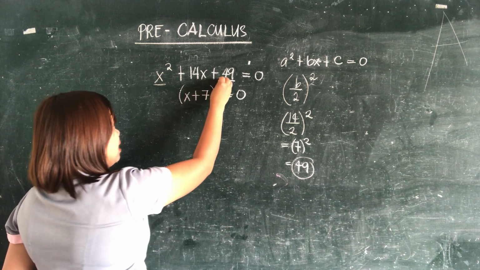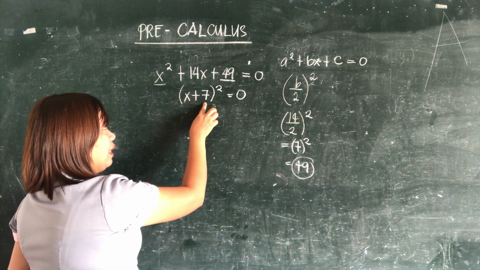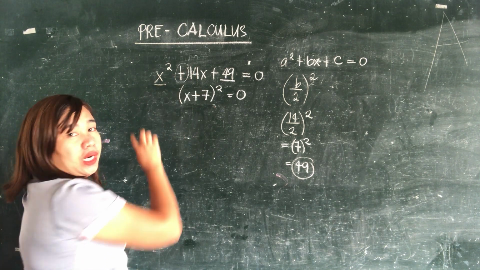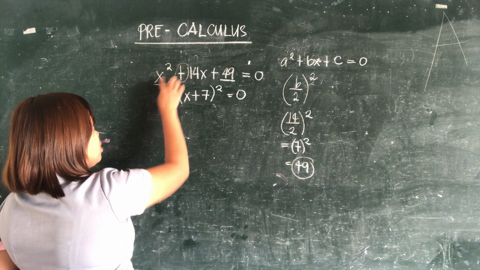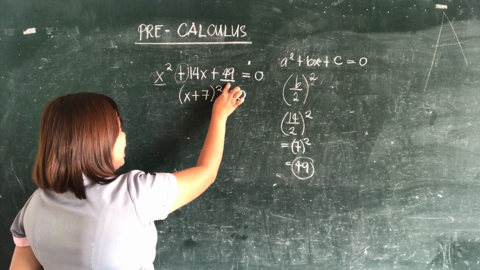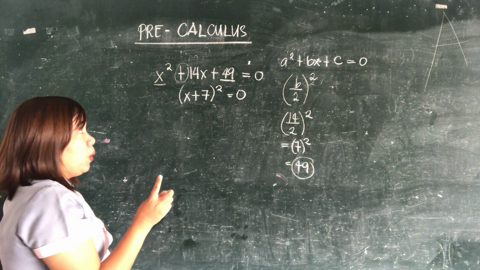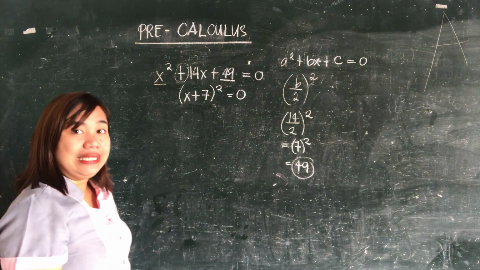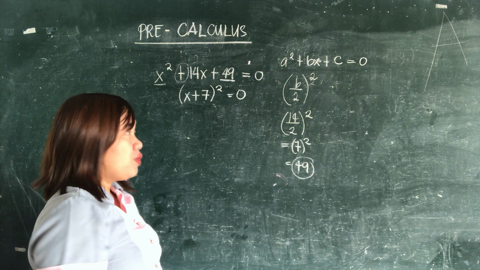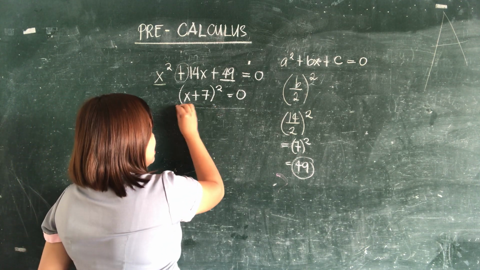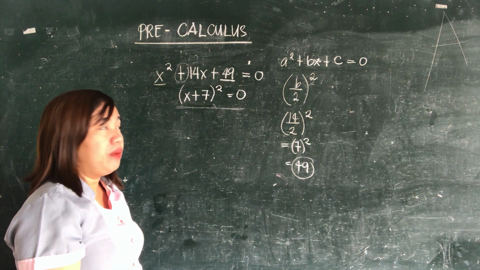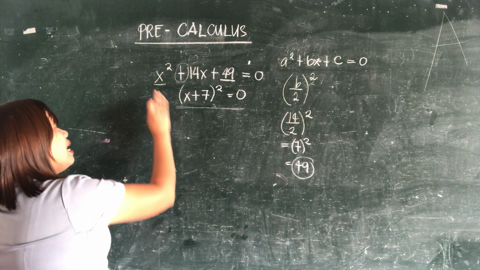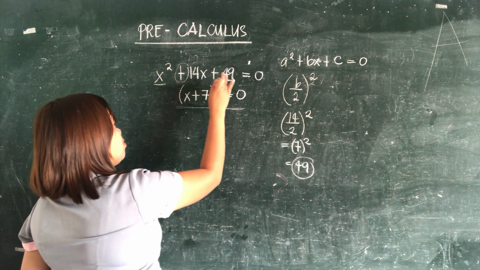And then, get the square root of 49, that is 7. Just copy the sign dito sa second part. So again, square root of x squared, x. Square root of 49, 7. Or, yung half ng 14, yun yung nandito sa gitna. Understood? So, that is how to write that as a square of binomial. x plus 7 quantity squared equals 0 is also the same as x squared plus 14x plus 49.